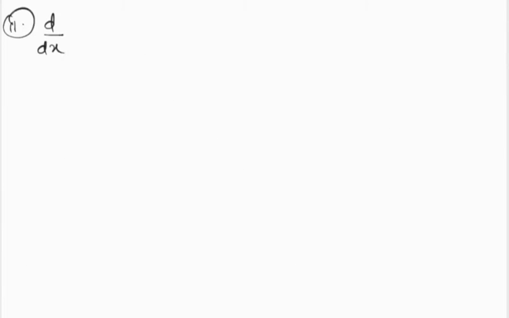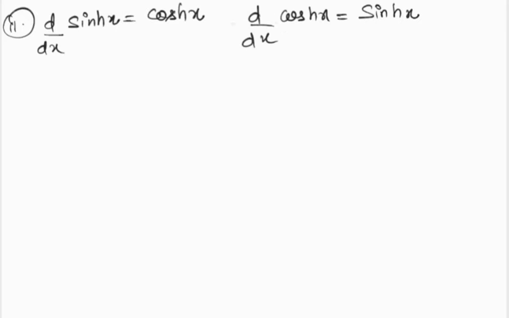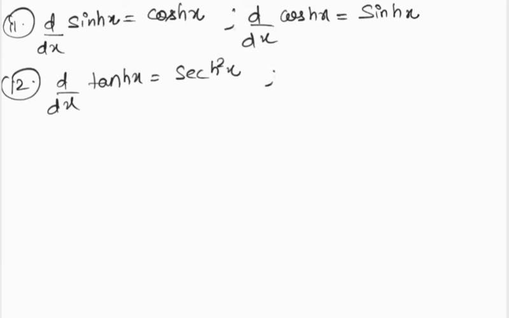Differentiation of sinh x, which is a hyperbolic function, is equal to cosh x and differentiation of cosh x is equal to sinh x. Differentiation of tanh x is sech square x and differentiation of coth x is minus cosech square x.